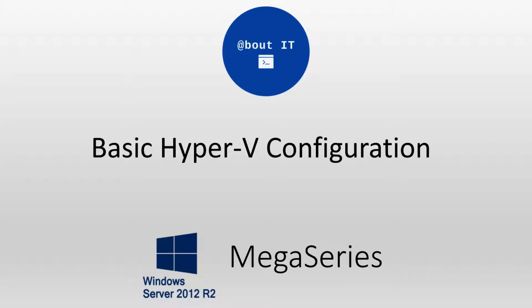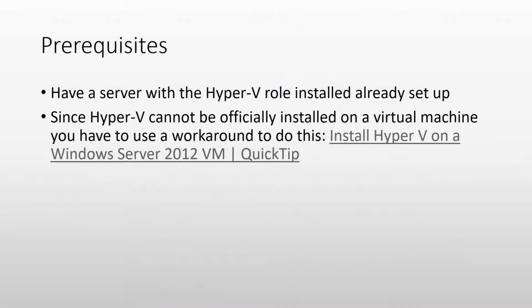In this video we are going to be going over some of the basic Hyper-V configurations with PowerShell, of course. Before we begin, if you want to follow along, you should have a Hyper-V server with the Hyper-V role already installed.